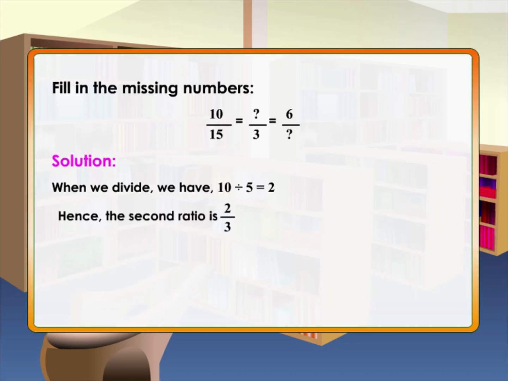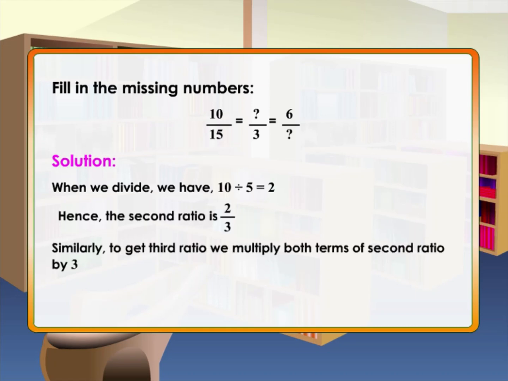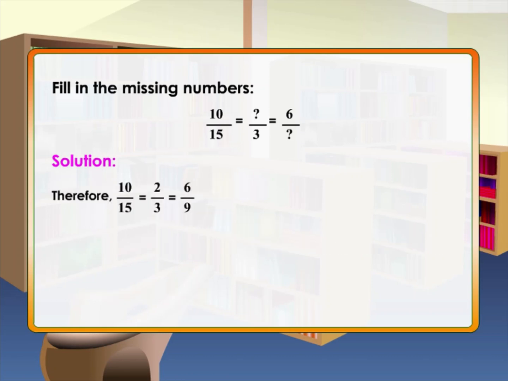Hence, the second ratio is 2 divided by 3. Similarly, to get the third ratio, we multiply both terms of second ratio by 3. Hence, the third ratio is 6 divided by 9. Therefore, the equivalent ratios of 10 divided by 15 are 2 divided by 3 and 6 divided by 9. Hence, the missing numbers are 2 and 9.